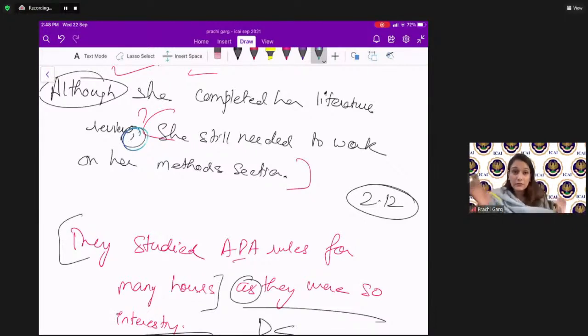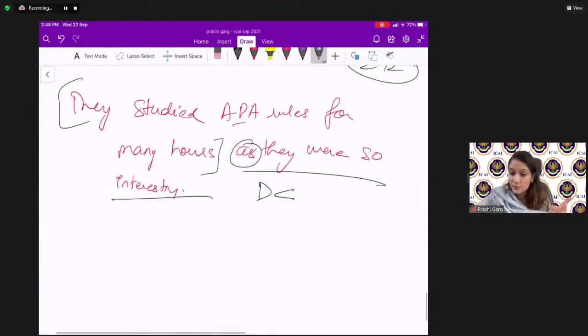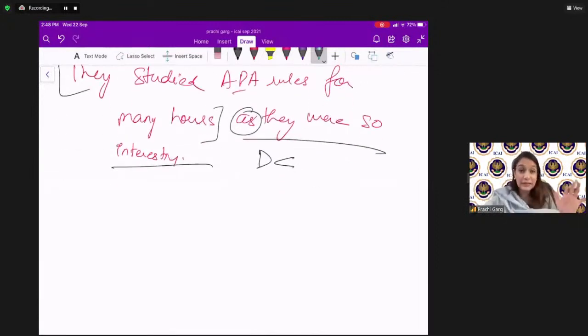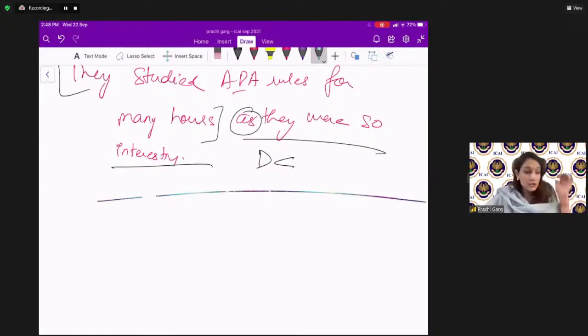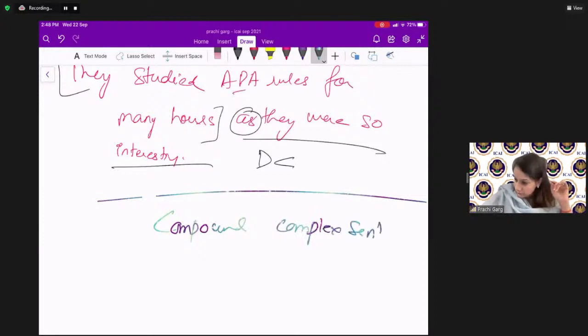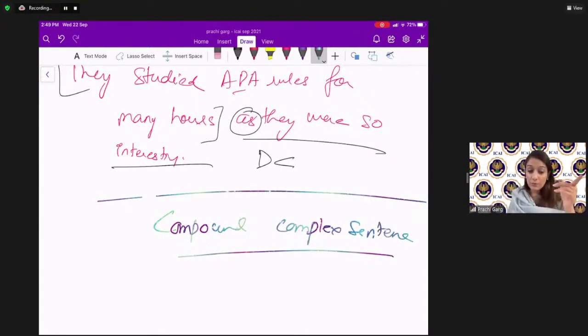Yes. All done. Okay, let's quickly finish before we go to the break. Let's just complete the sentences part. So the next is the compound complex. Now if you know the compound, you know the complex. I hope you get an idea when I say compound complex, it means I am going to mix the features of both.